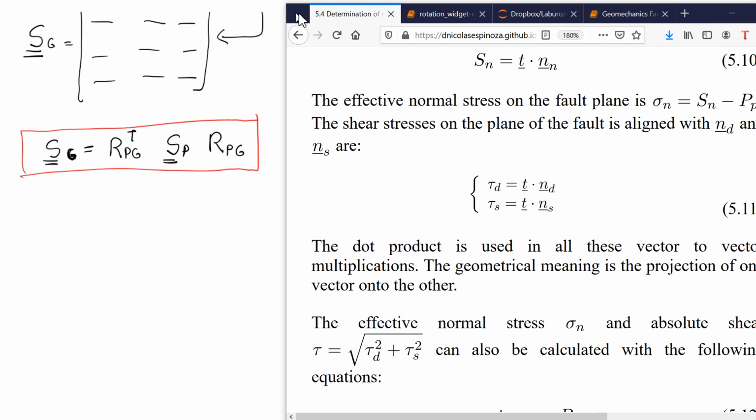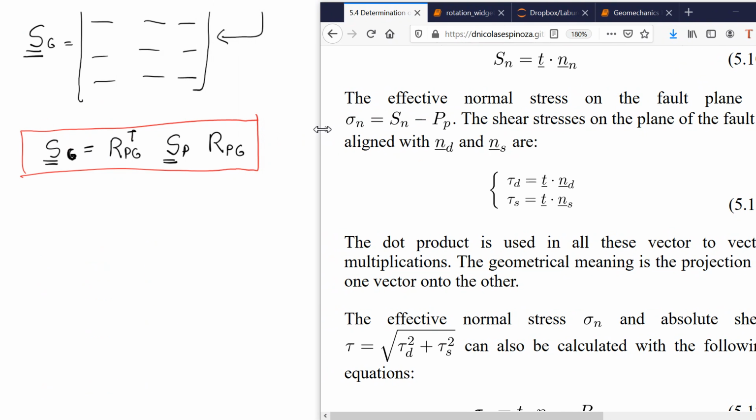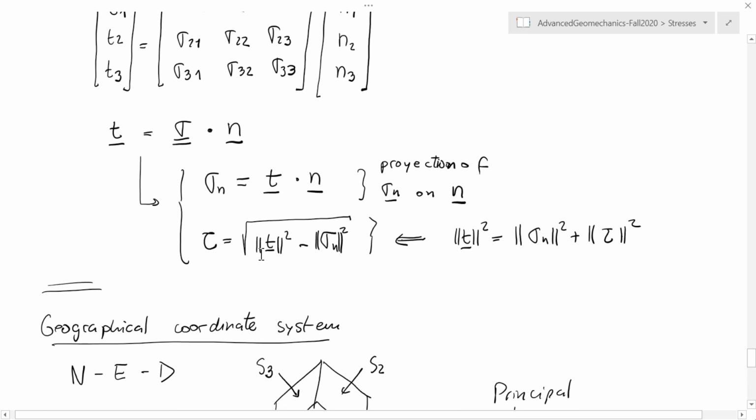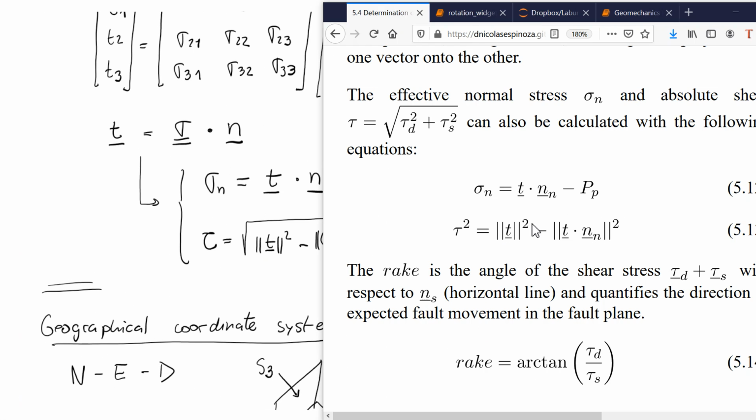Let me move this over here. Okay, so this tau over here is the same that we calculated before, right there. And these two equations are going to be the same. But with these new equations, we have been able to further decompose the shear stress into the direction that coincides with the dip and the direction that coincides with the strike.